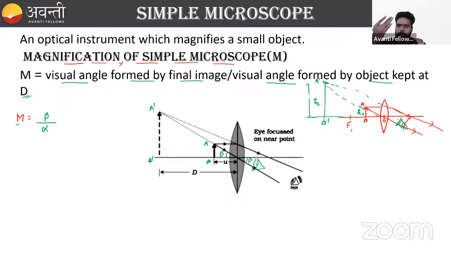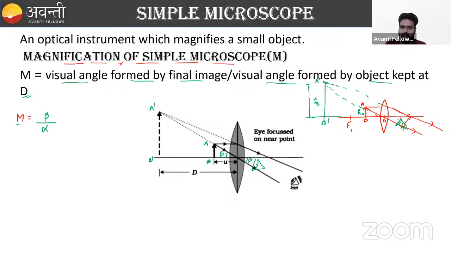We simply place the object at D, and then we see what is the angle subtended by that object in our eye. So alpha is the angle subtended by the object without using any type of instrument. We see the object with our naked eye and place the object at D.